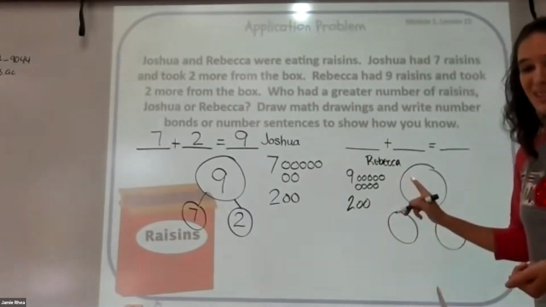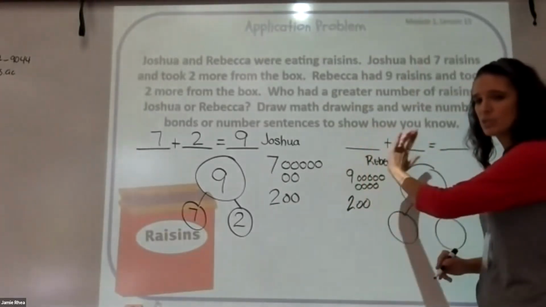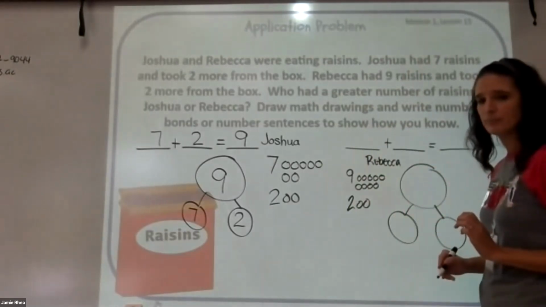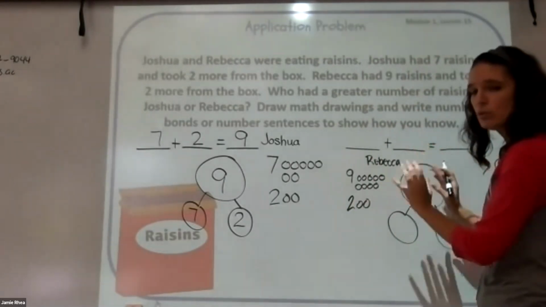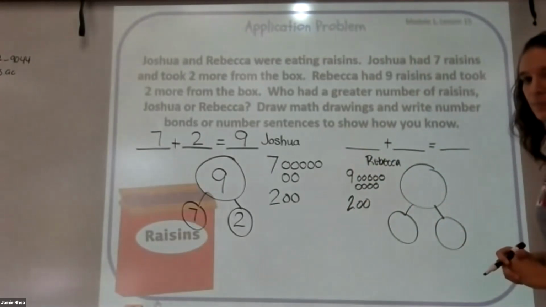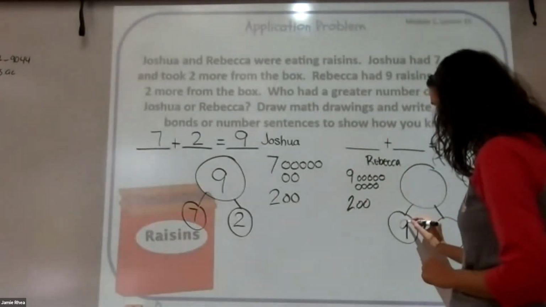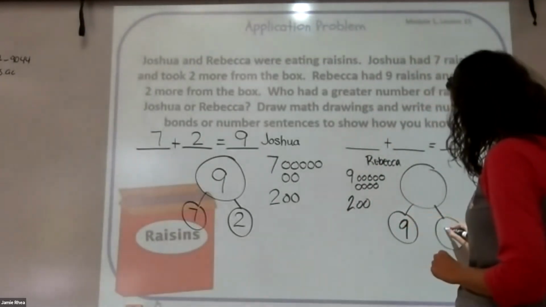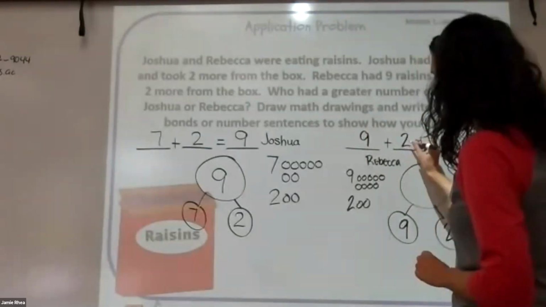Okay, so can I take this information and fill in any part of my number sentence or number bond? Yes, I can. Am I gonna put it in the total or am I gonna put it in the parts? I'm gonna put it in my parts because she had 9 and she took 2 more out of the box. Had 9, 2 more out of the box.